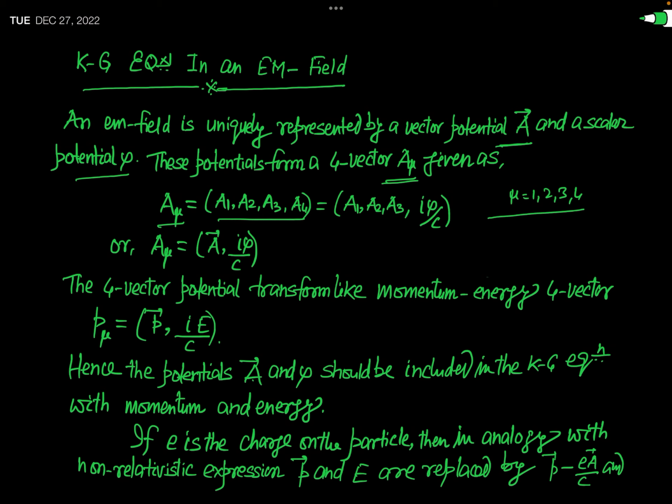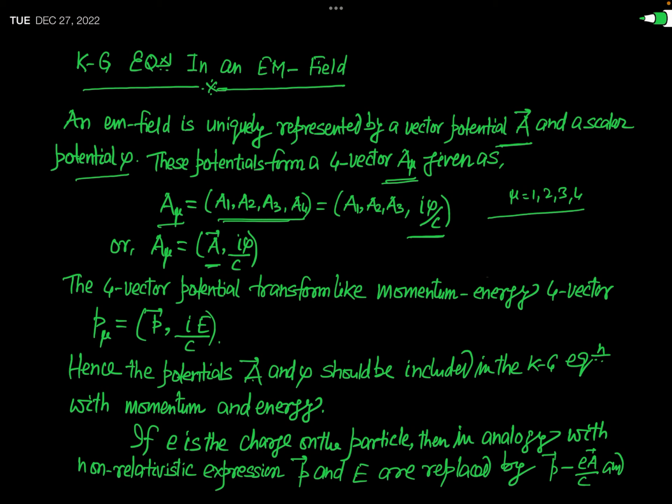Actually, the first 3 components of this 4 vector potential are simply the vector potential A, which you can see here. I have written this A in the vector form. And the 4th component, A4, is defined by i phi over c.